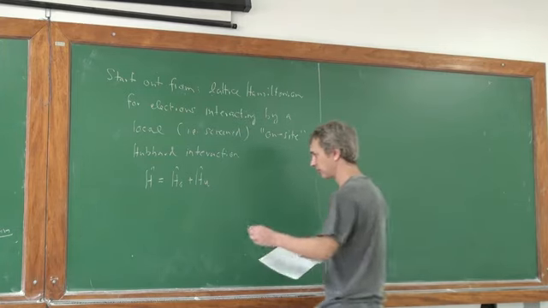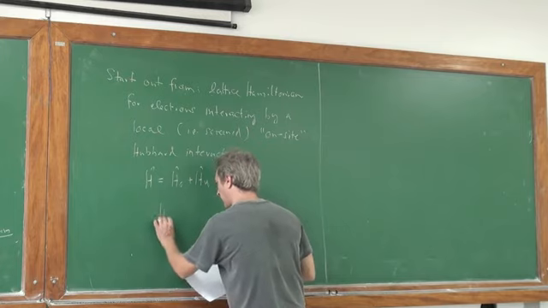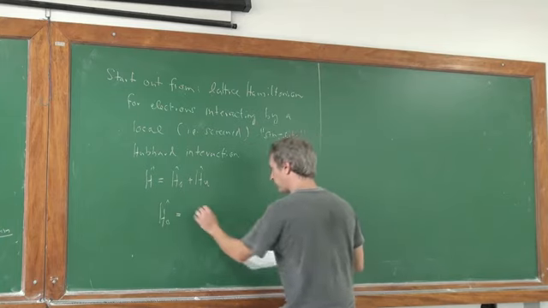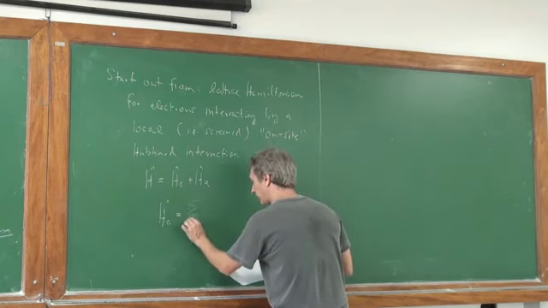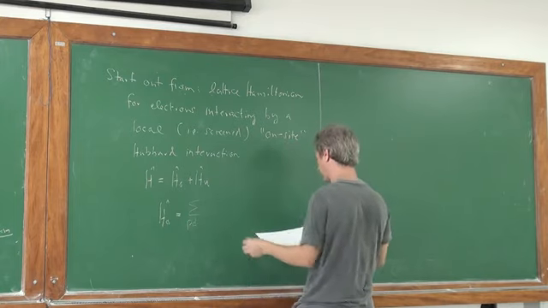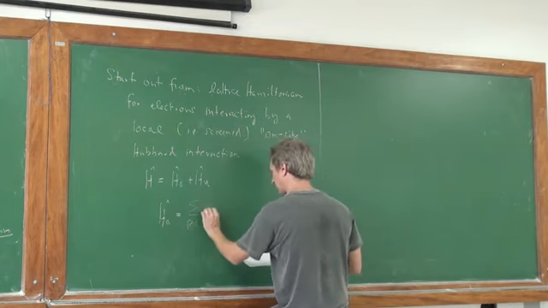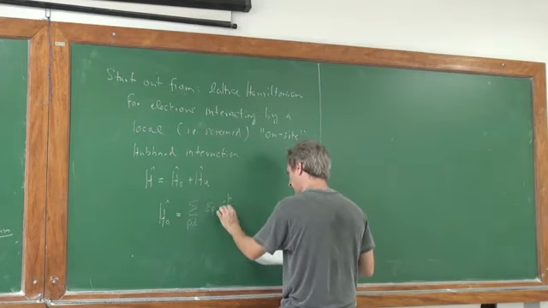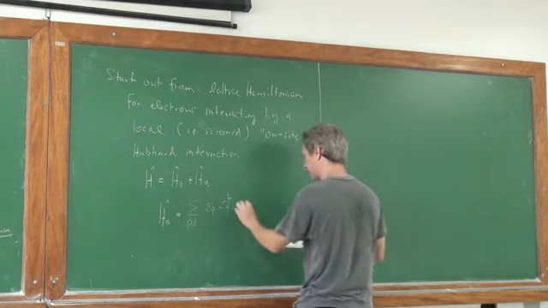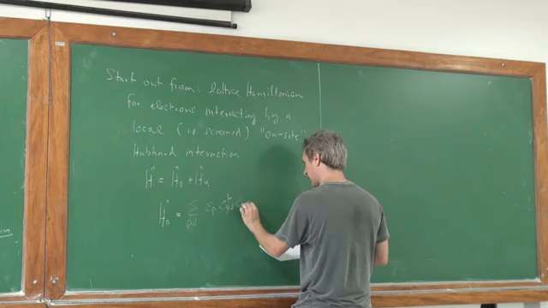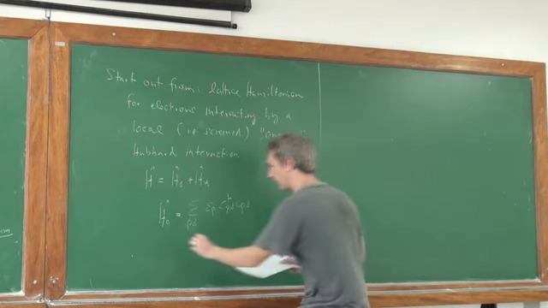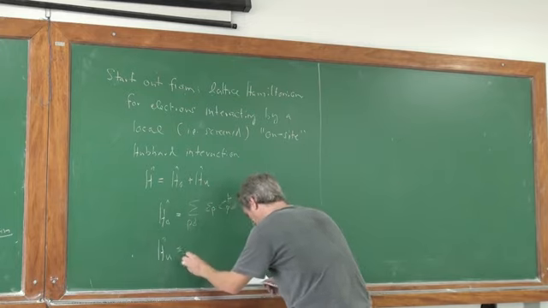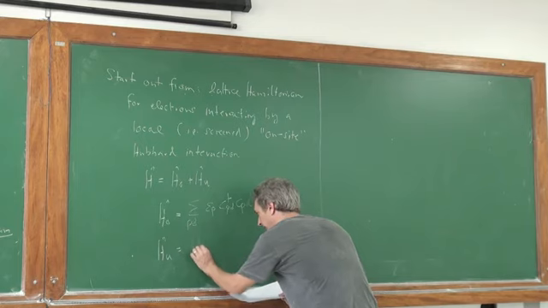This is just how it's normally done in the literature. So we have a free part of the Hamiltonian, which due to translation invariance is diagonalized, in this case by Bloch waves for the lattice. So we have just some kinetic energy term, and then we have the interaction term, which is of the following form. So we have an interaction parameter U.